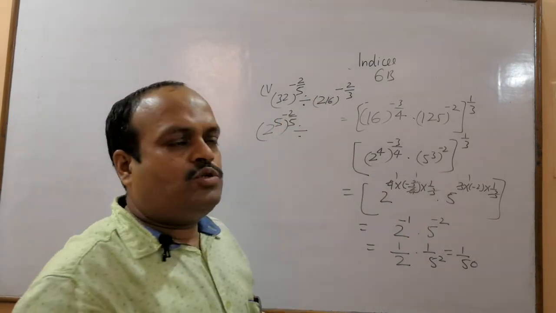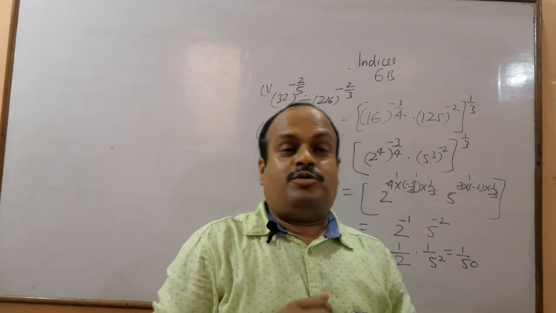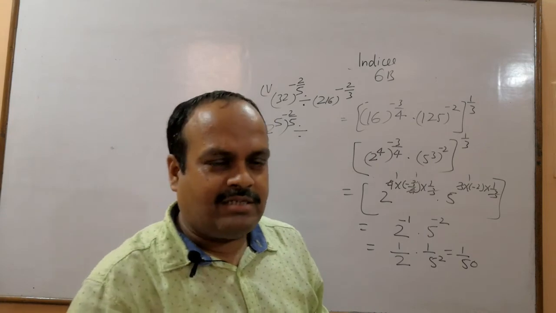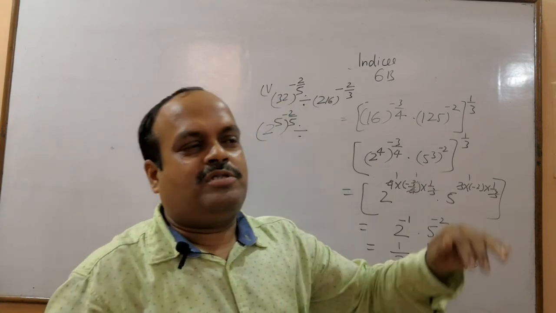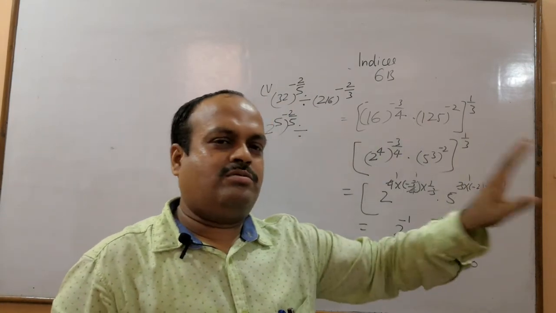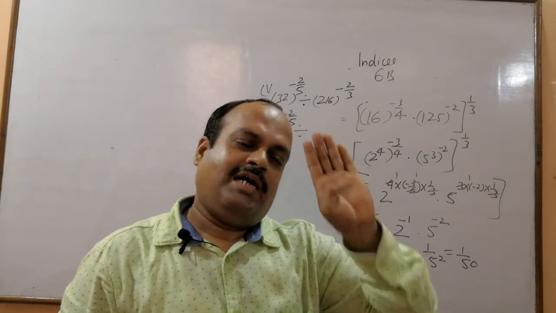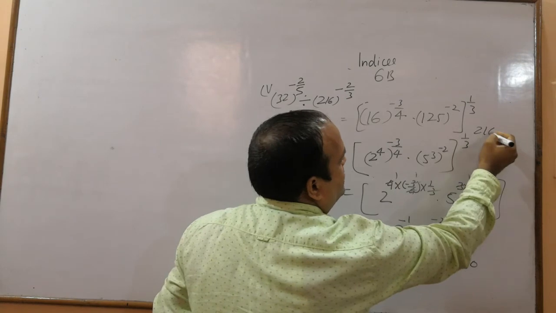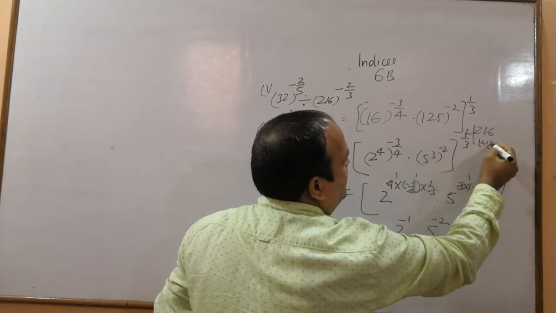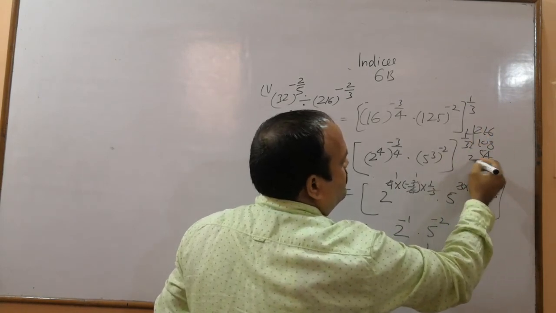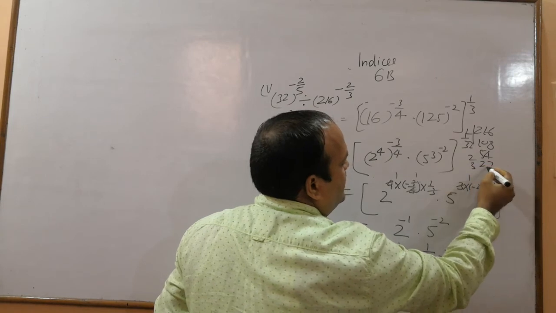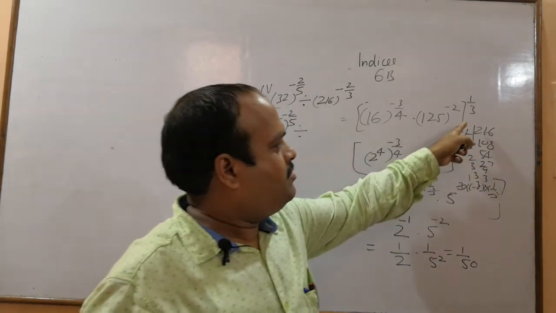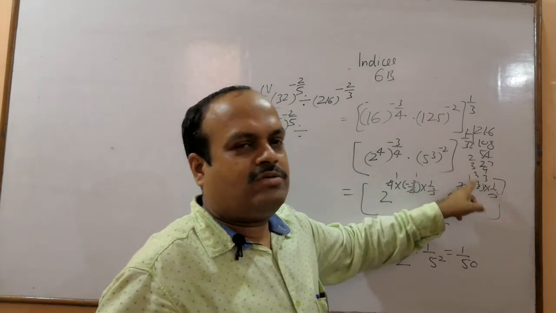Here this 216, when you factorize it using its prime factors, you will get 2 three times and 3 three times. How? 216, 2, 108, 2, 54, 2, 27, 3, 9, 3. So you will get 2 into 2 into 2, 3 into 3 into 3.